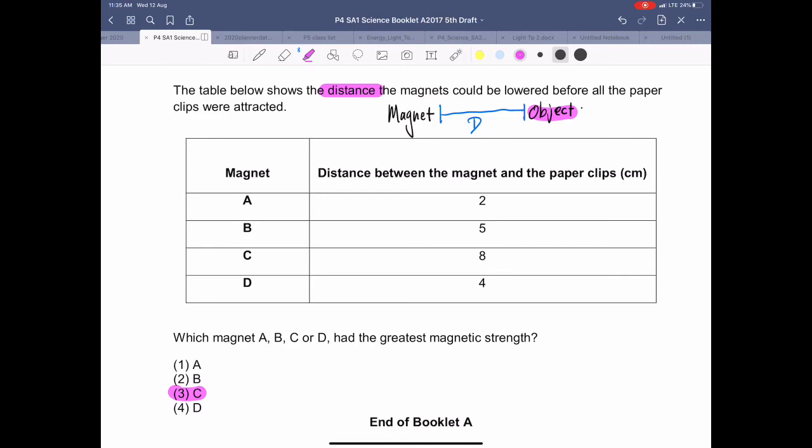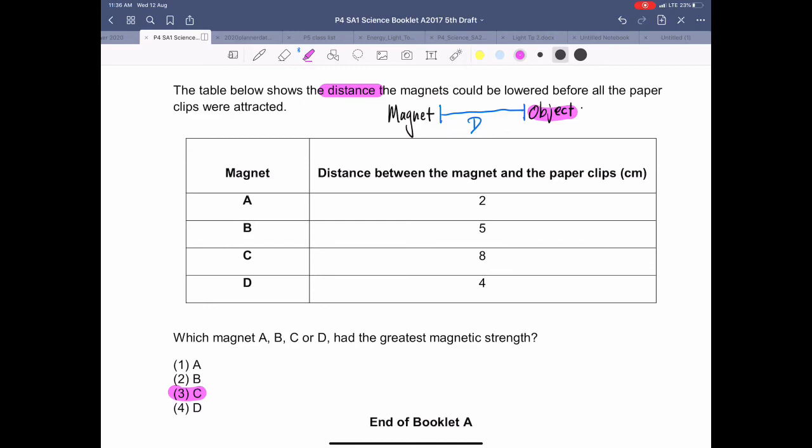Are they asking for the weakest one? If they're asking for the weakest one, then the smaller distance is better. If they are asking for a magnet that is stronger, then the greater the distance, the better. But you must understand why: with a greater distance, and yet you can still attract, it means that the magnet is very strong.